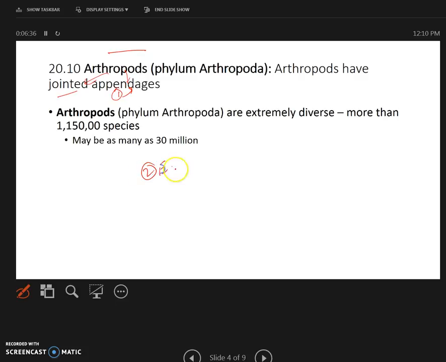Well, they have an exoskeleton. Remember, we talked about molting, remember? So here they have an exoskeleton. That exoskeleton is made up of chitin. And then, of course, the body is segmented. They have the bodies divided, and this is not only on the outside, but there are partitions inside the body.